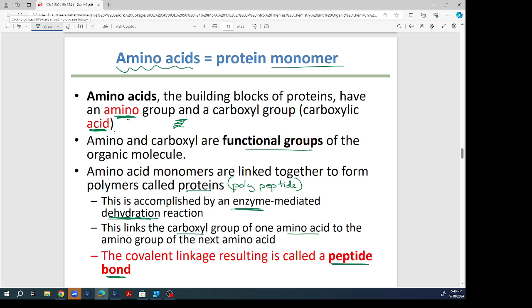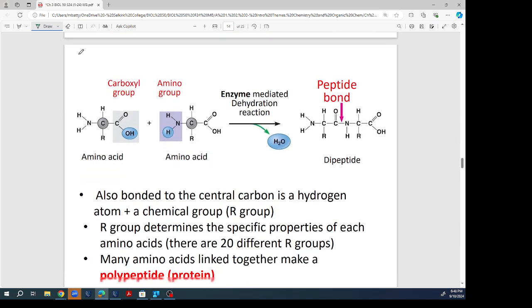So I like pictures. Hopefully maybe you switch to that next slide and the picture. Here we have two different amino acids, and they're different only in this R group here. So we'd have 20 different R groups, or 20 different amino acids, but they're the same because they all have an amino group, right? And they all have a carboxyl group, or a carboxylic acid group. And so these neighboring functional groups come together.